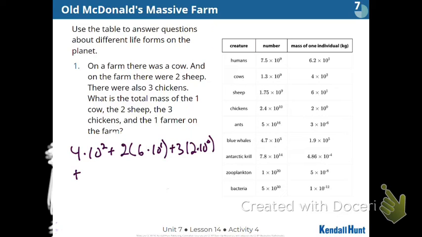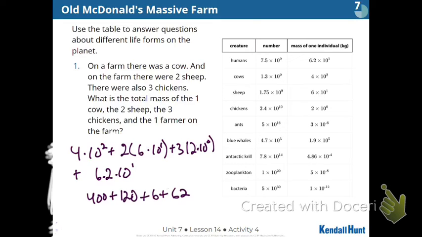And we have a human farmer, right, Cam? So here's the deal, guys. I saw some people doing some great work getting exponents to be all the same here. But are these numbers actually very big numbers? No, so what I think we should do is 400 plus 120 plus 6 plus 62.